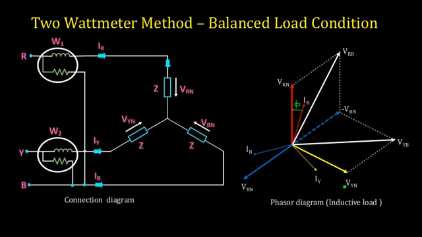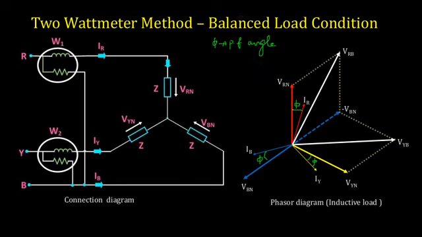Again IY is lagging behind VYN. VYN is the voltage with respect to the neutral point. This is your common point or neutral point. So this is phi, and again IB is also lagging behind VBN by angle phi. So phi is your power factor angle.